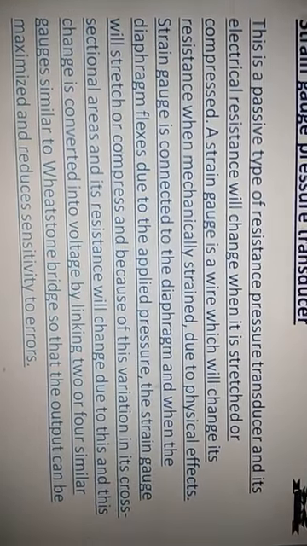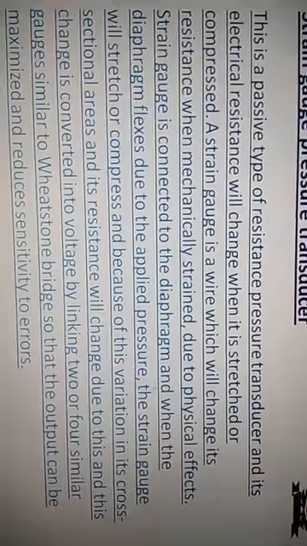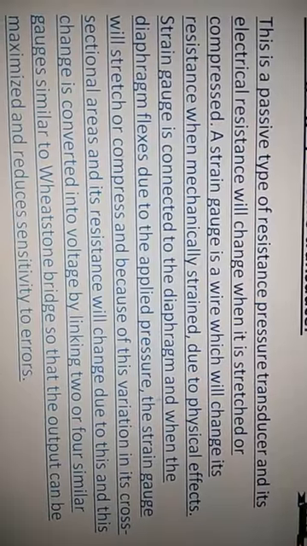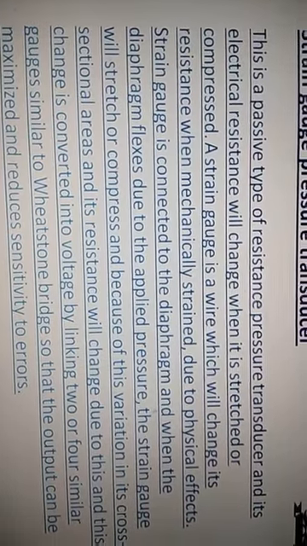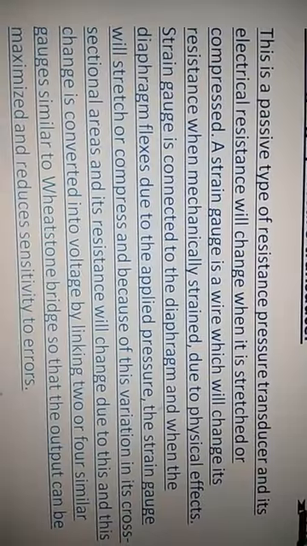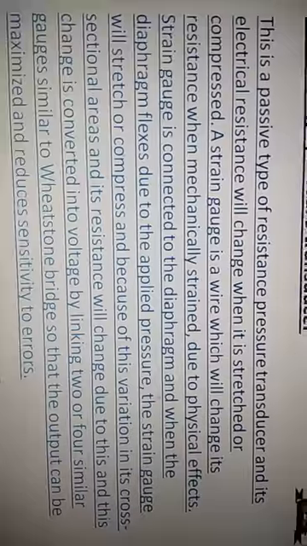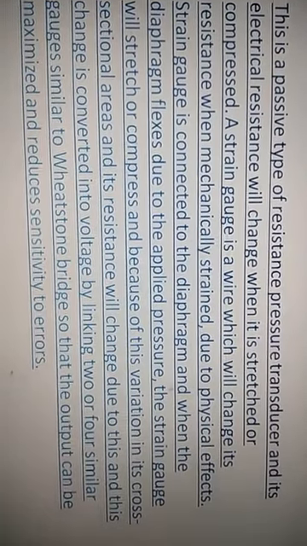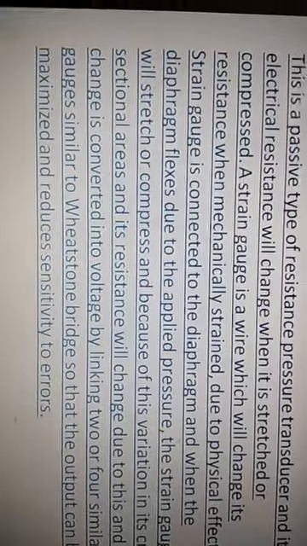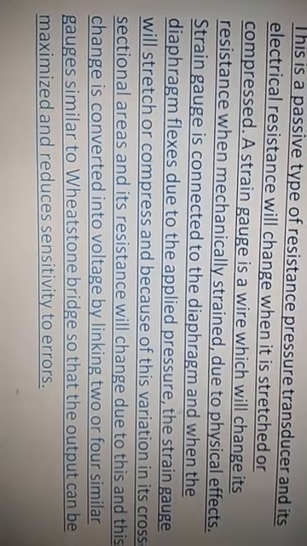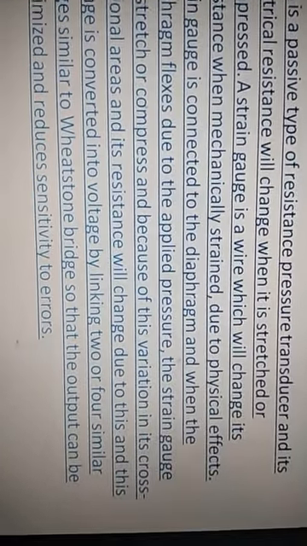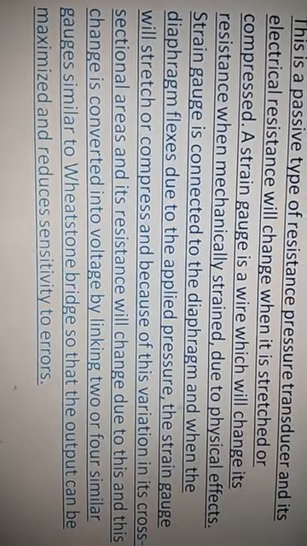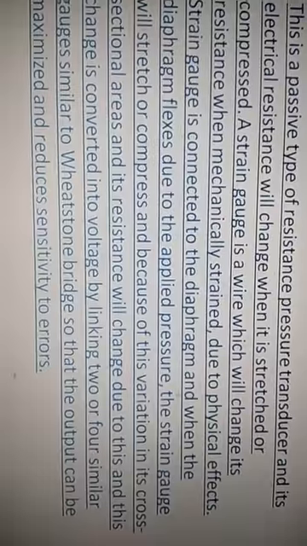A strain gauge is a wire which will change its resistance when mechanically strained due to physical effects. The strain gauge is connected to the diaphragm, and when the diaphragm flexes due to the applied pressure, the strain gauge will stretch or compress, and because of this variation in its cross-sectional area, its resistance will change.